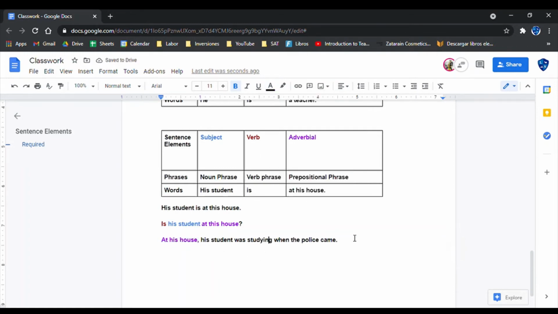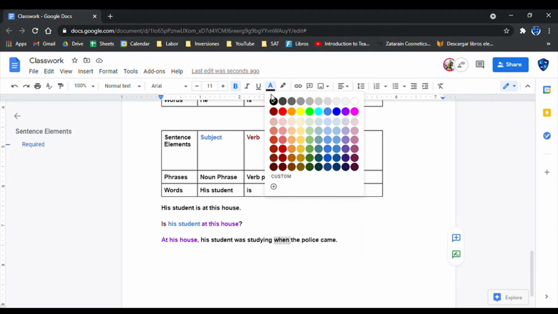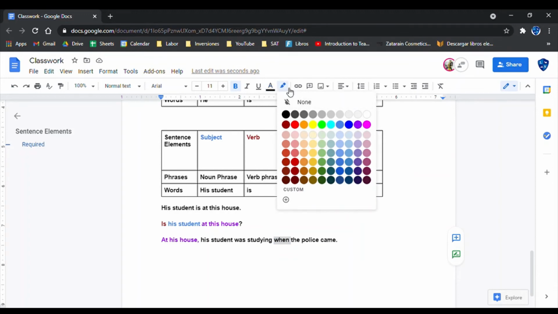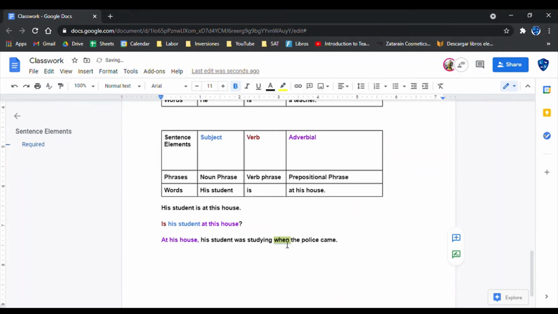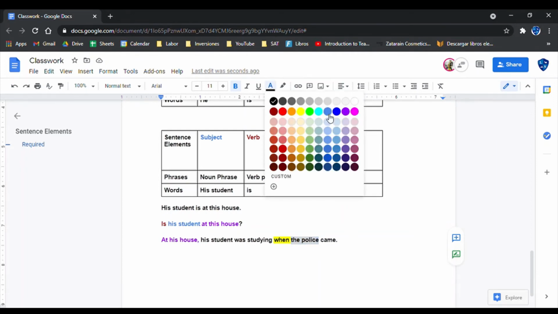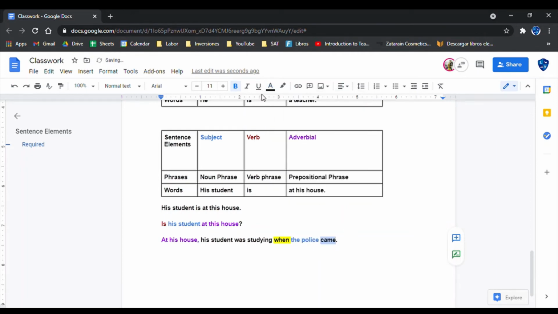Here we haven't talked about this one, but we're going to talk about it soon. This one is going to be the connector, and this one, actually, is a little bit different because it has two verbs and two subjects.